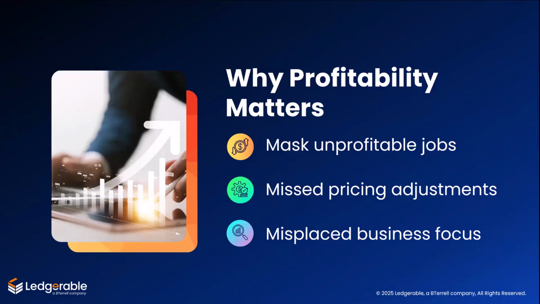The turning point was when we built the profitability dashboard by job type and customer, and suddenly it was crystal clear which jobs were the winners and which ones weren't. They later made the tough decision to scale back on the commercial jobs and focus more on the residential work, where they had repeat customers, stronger margins, and better reputation.